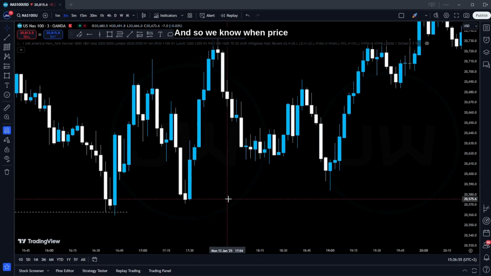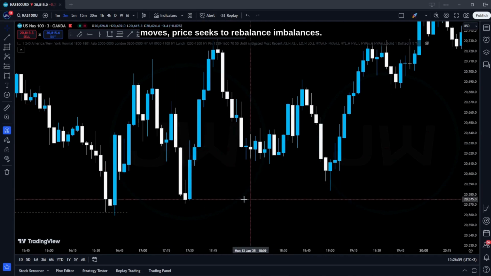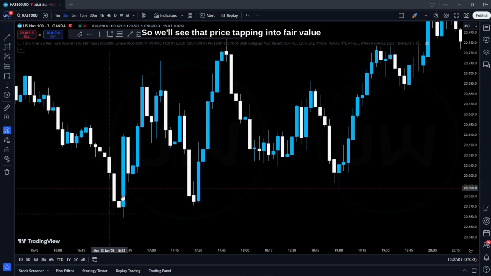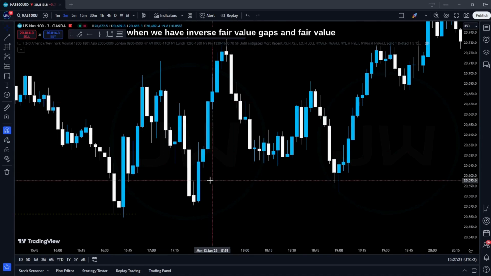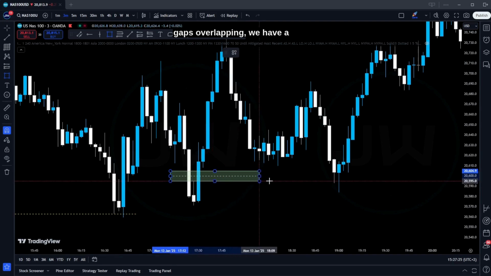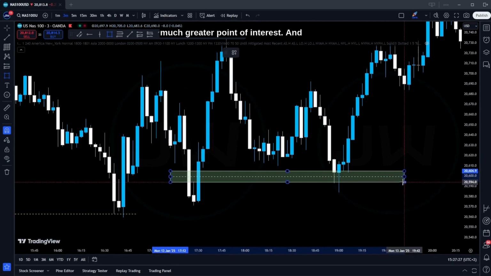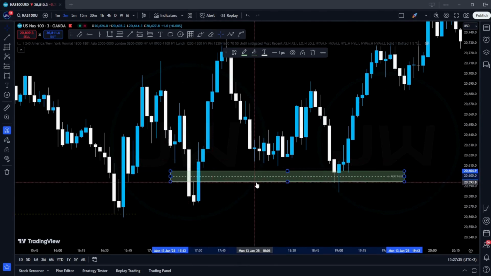And when price moves, price seeks to rebalance imbalances. So we'll see that price tapping into fair value gaps and inverse fair value gaps. But when we have inverse fair value gaps and fair value gaps overlapping, we have a much greater point of interest, and we just refer to that overlapping as a balanced price range, or BPR.